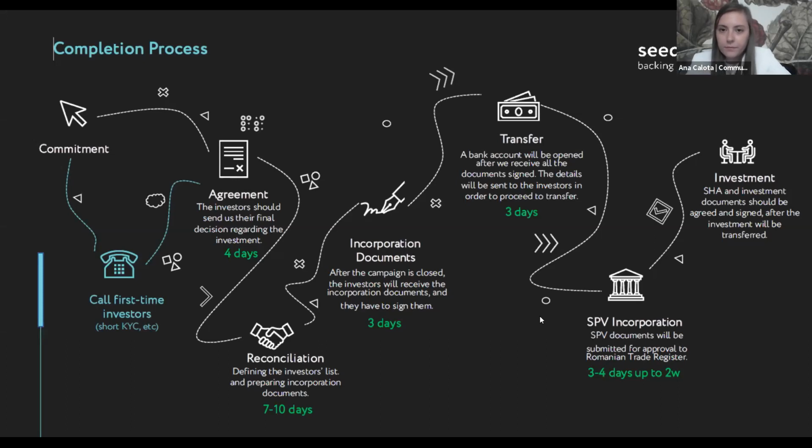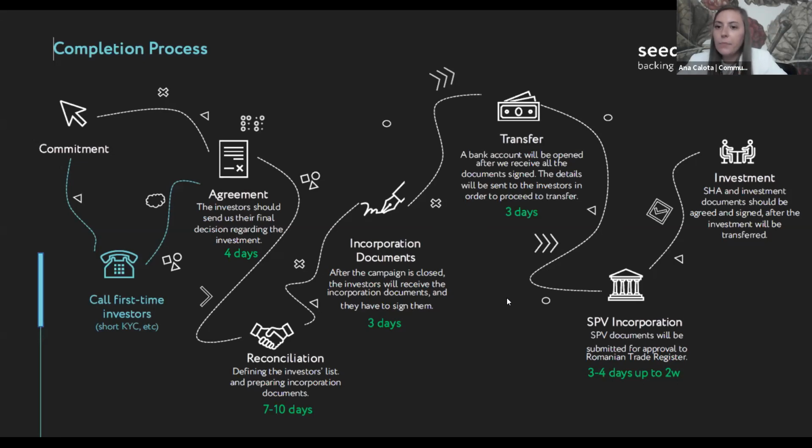Okay, cool. Another question in the chat: do we have standard articles of association for the SPV we are setting up for each seed round? Yes, we are using templates. We have 2 templates because it depends on the type of the SPV. If we have below 50 investors, then a limited company will be incorporated.